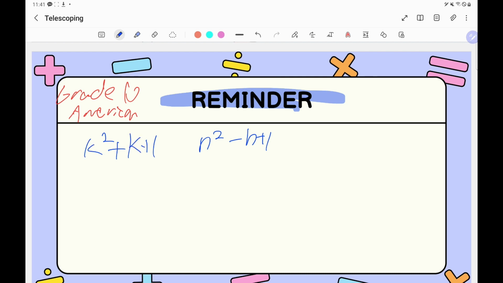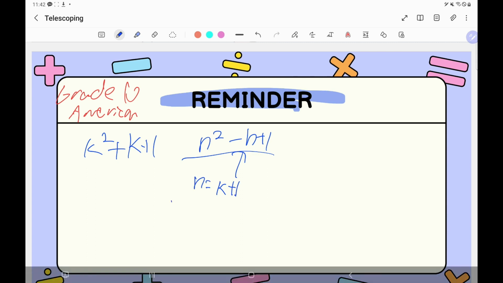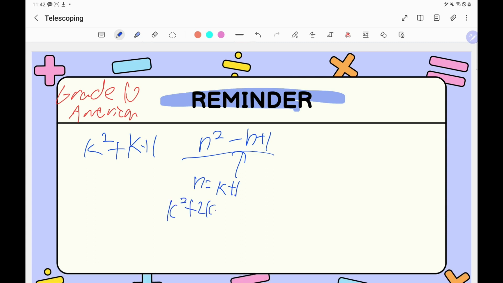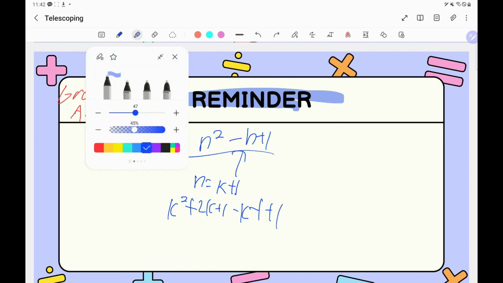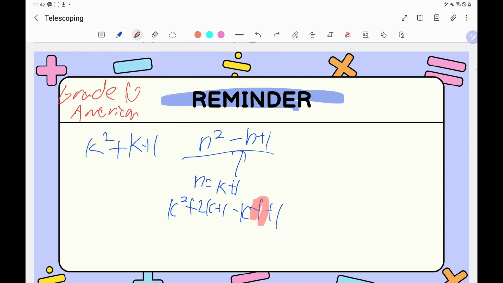And if in this thing we put k plus 1 in n, then it becomes k squared plus 2k plus 1 minus k minus 1 plus 1. And this becomes plus 1 minus 1, which becomes just 1. Let's go like this. Right. So this goes away, and 2k and minus k, so k squared plus k plus 1.